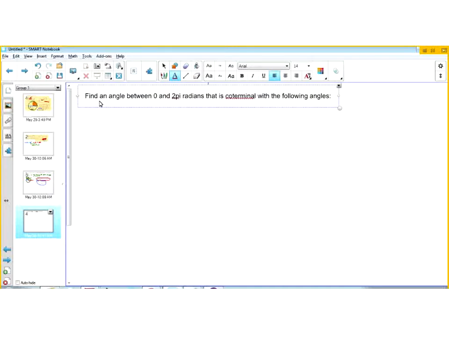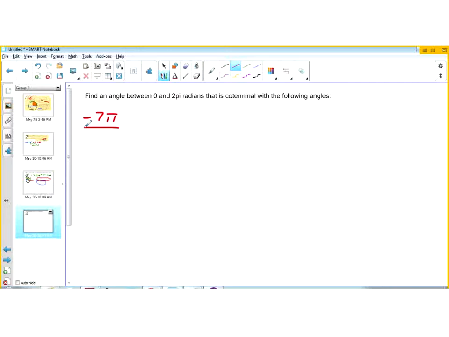Okay, coterminal. So suppose I have negative 7 pi over 3. We want to find an angle between 0 and 2 pi that's coterminal with negative 7 pi over 3. Let's see how we can investigate that.